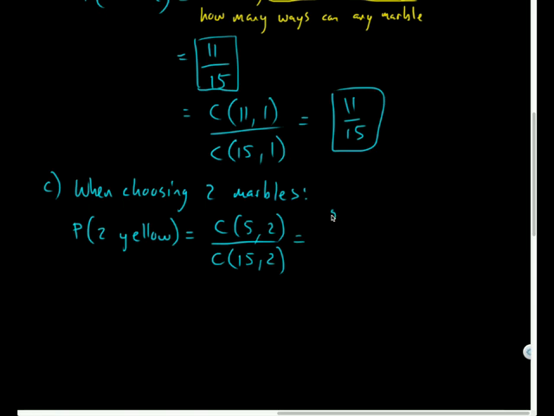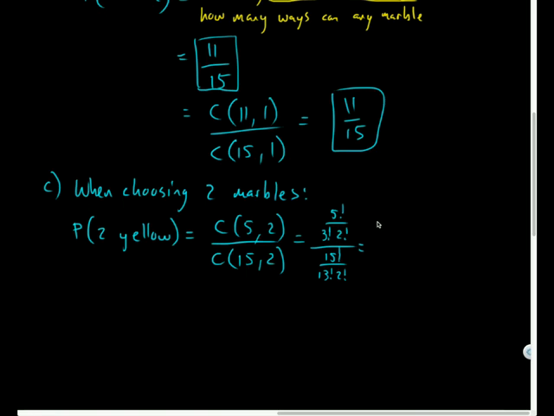And now I could do all my fancy combinatorics math. 5 factorial over 5 minus 2 factorial, which is 3 factorial, times 2 factorial, over 15 factorial over 13 factorial times 2 factorial. I'll do this a little bit by hand, but I wouldn't consider you wrong for reaching for a calculator at this point to figure out the combinatorics.